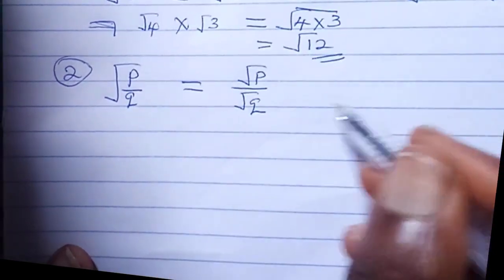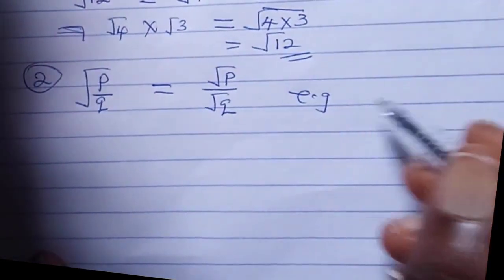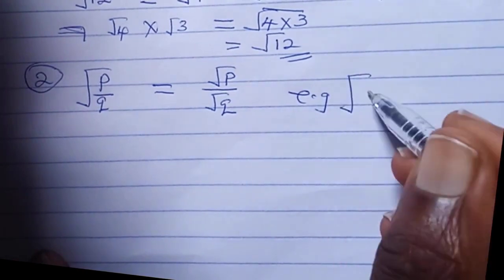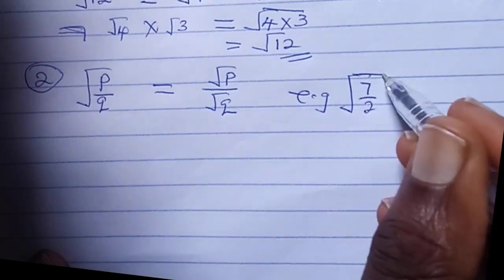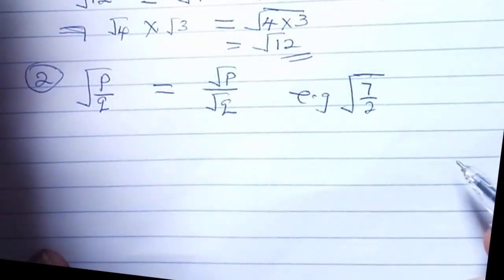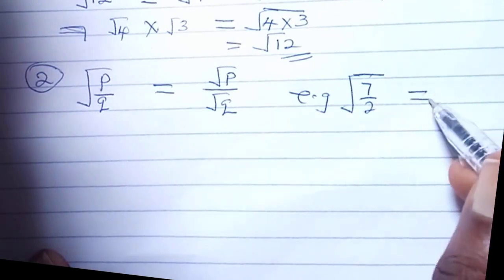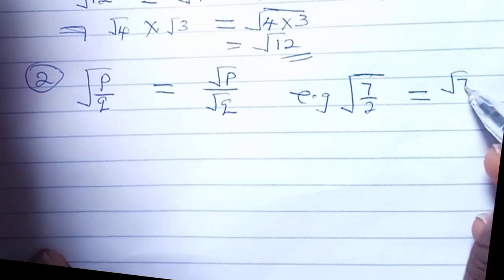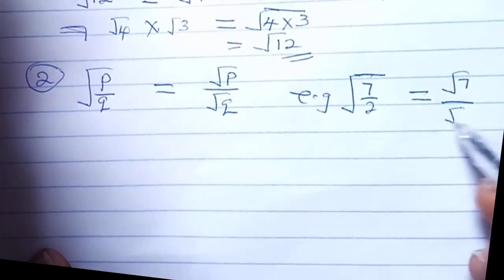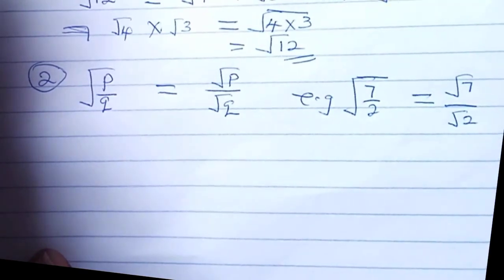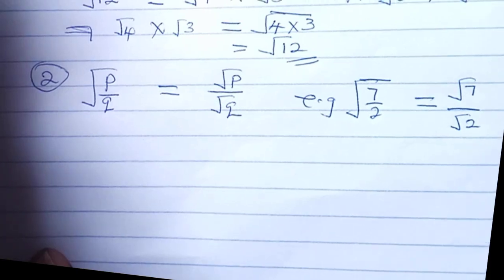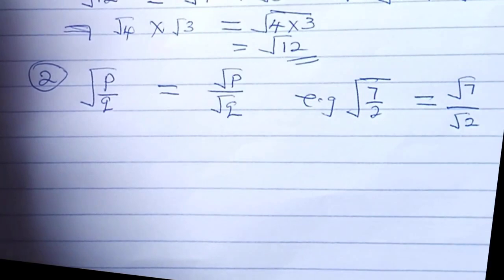For example, if we have root of 7 over 2, root of 7 over 2 can be expressed as root 7 divided by root 2. These are basically simple rules, but when we start applying them in complex questions, you really know how to navigate around them. Now, let's move to the next rule, which is the addition rule.